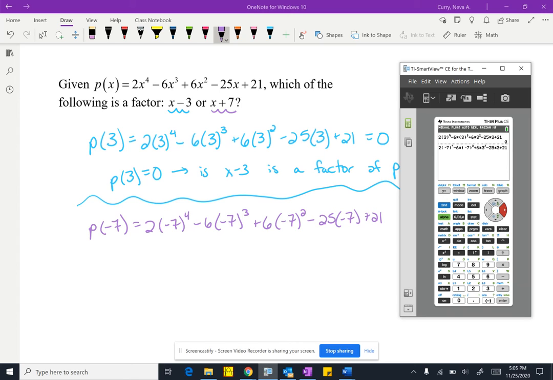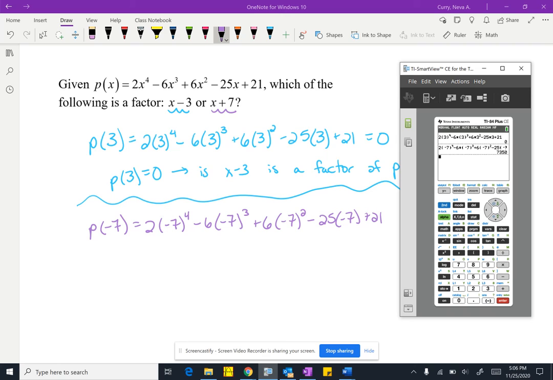And then here I'm just going to do a negative 7 to the second. And then I've got minus 25 times a negative 7. Oops, I need to do plus 21. Okay, so I think I've got it.